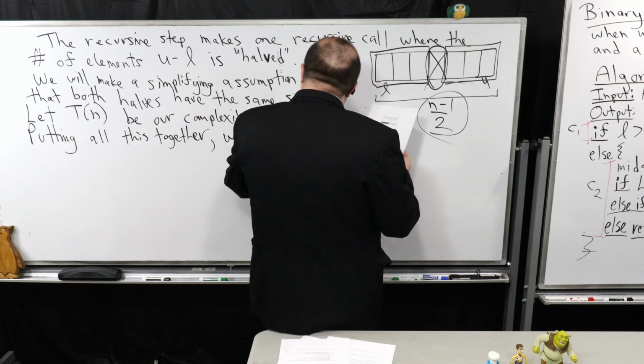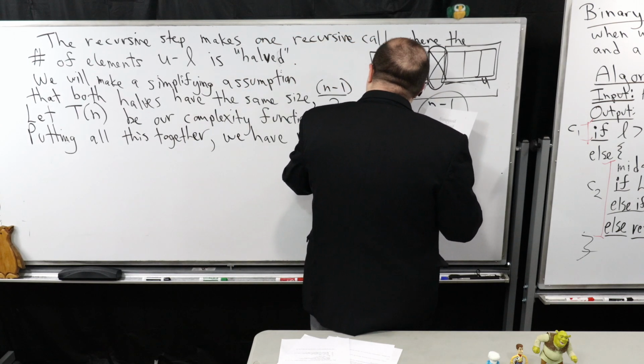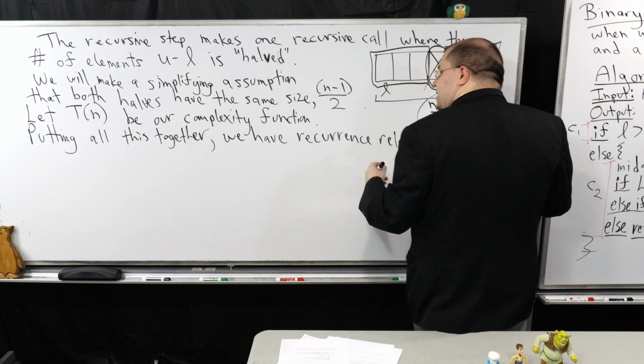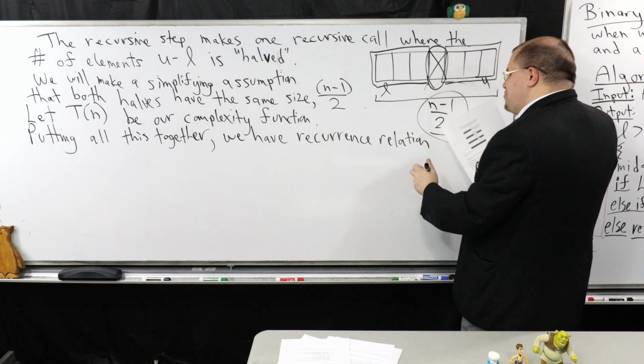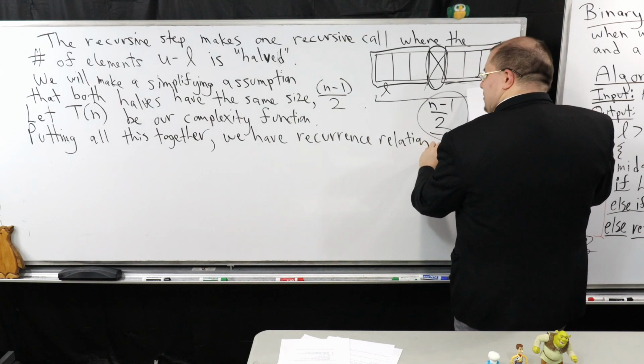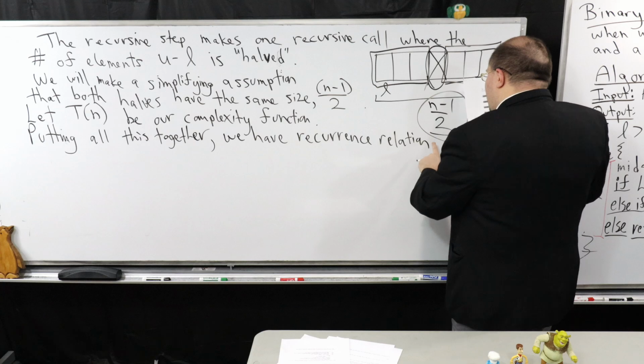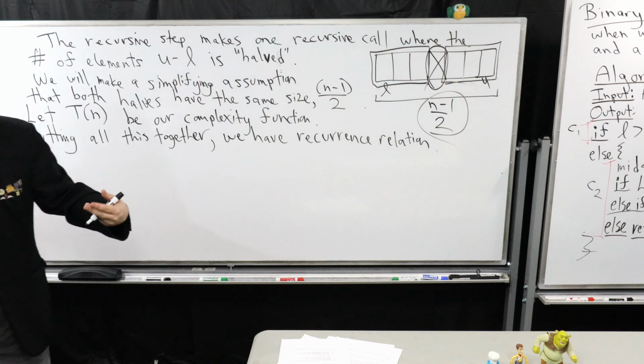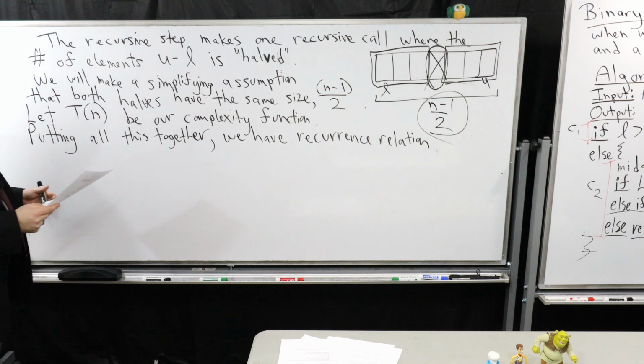We have a recurrence relation. If you've never heard of a recurrence relation before, for our purposes it is just a function that is defined in terms of itself, which is quite interesting given that we are talking about a recursive algorithm, so it makes sense that the running time can also be defined recursively.